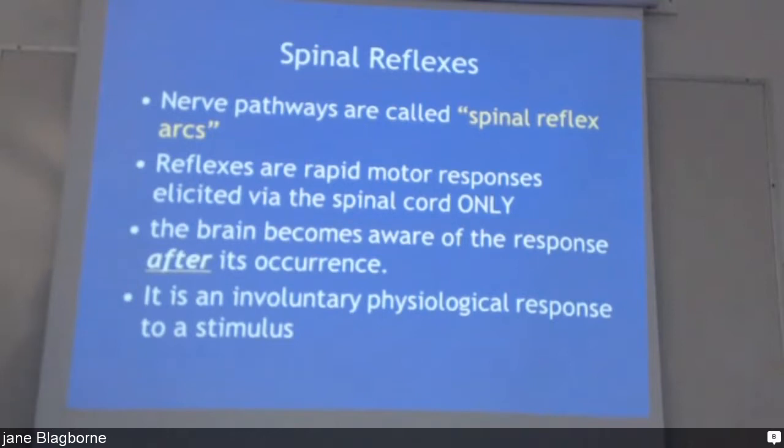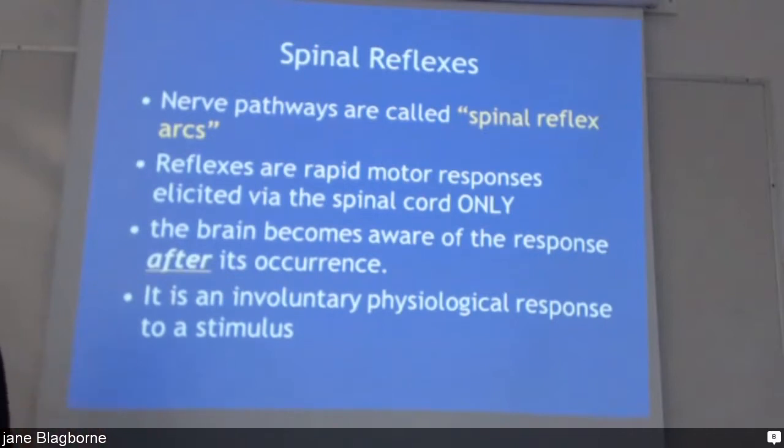Is that not an automatic reaction? No, it's not automatic, because your heart and the visceral muscle and your stomach and all that are automatic. But that one isn't.